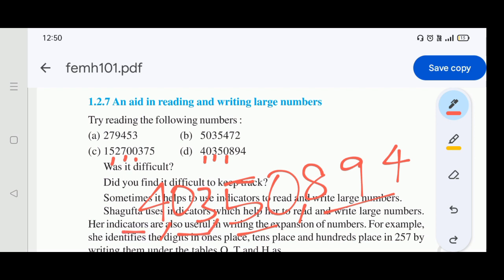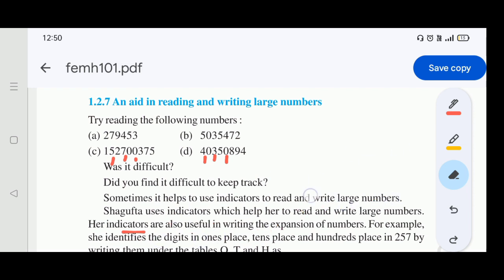So 4 crore 3 lakhs 50,894. This was the last number, D. Was it difficult? It would have been difficult if we had inserted the commas wrongly. So we have found the method of inserting the commas so that we can easily track the numbers and write and read them correctly.